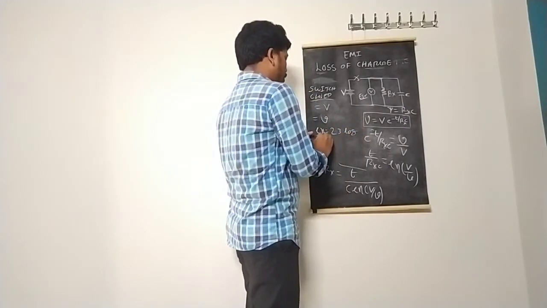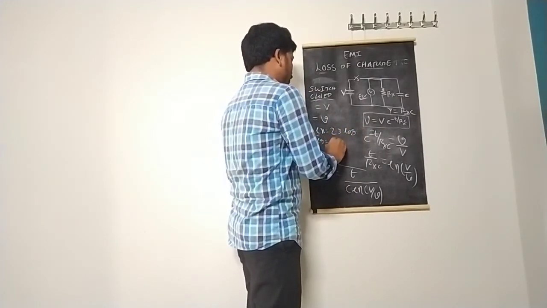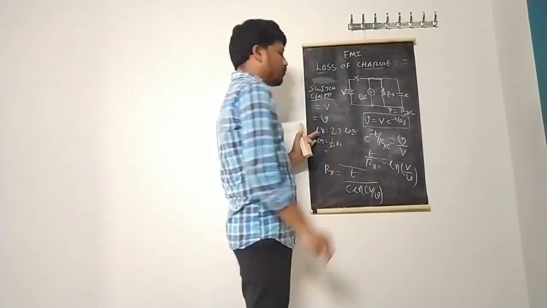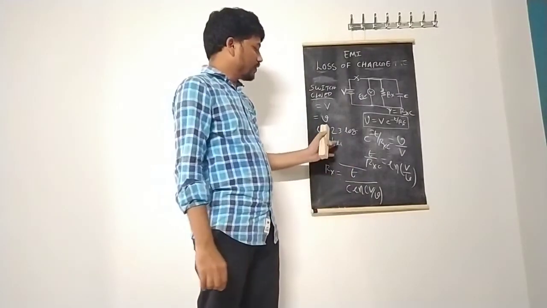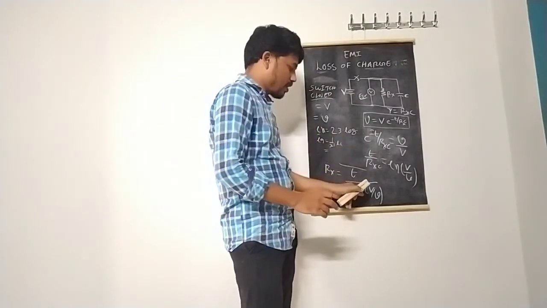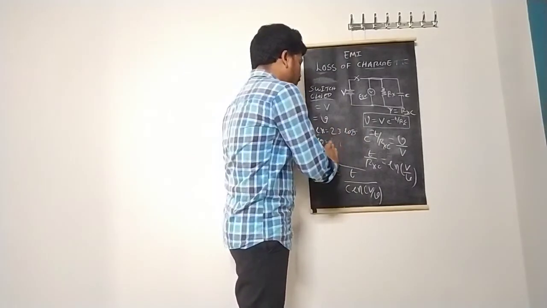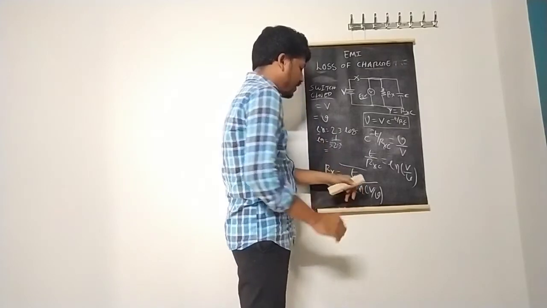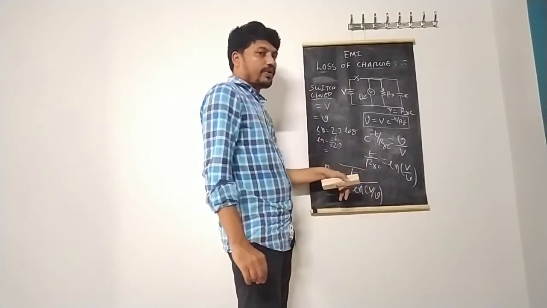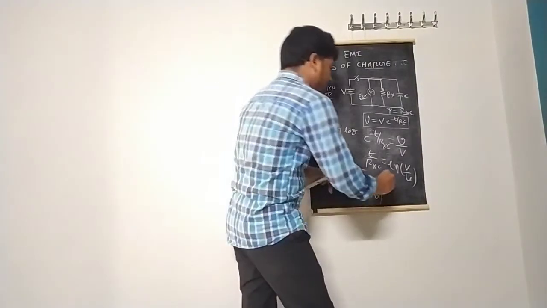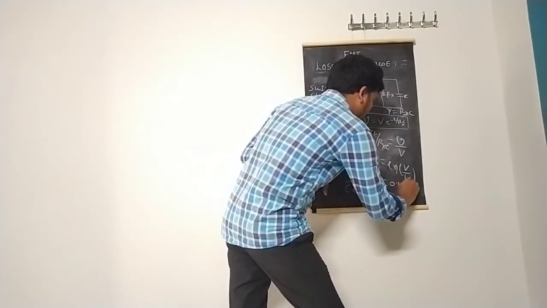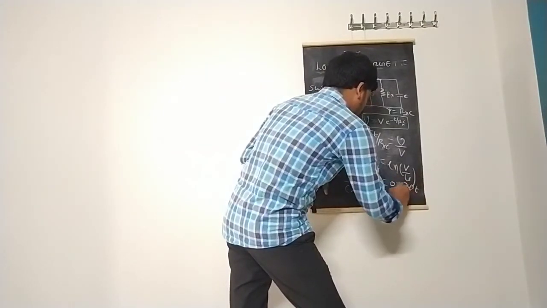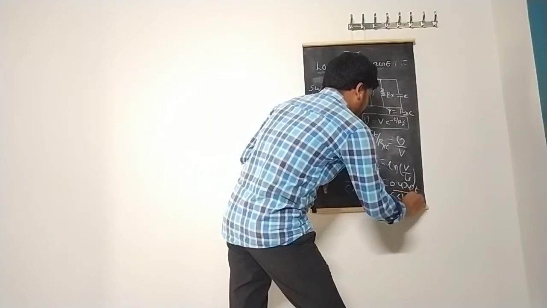From this, log is equal to 1 by 2.3 ln. Therefore 1 by 2.3 becomes 0.4343. So writing a natural logarithm as a logarithm gives us 1 by 2.3, which is 0.4343. From this expression we got 0.4343 t by C ln capital V by small v.